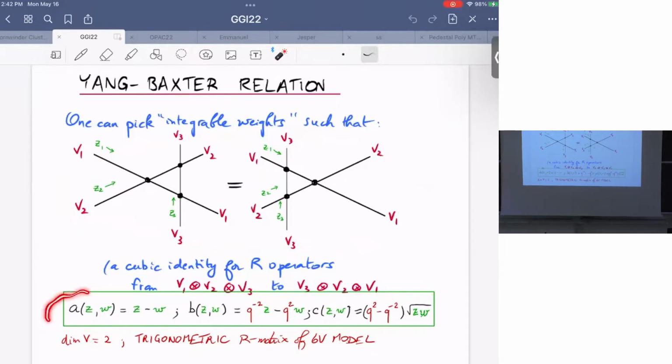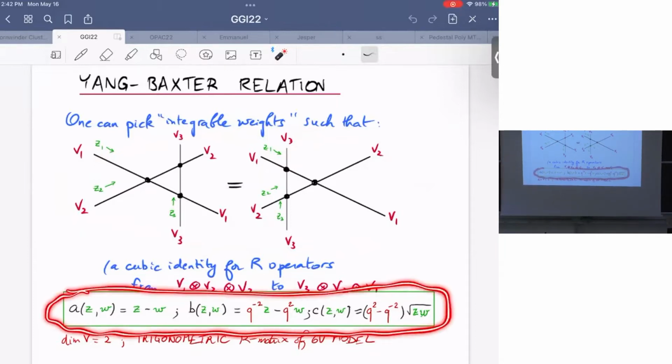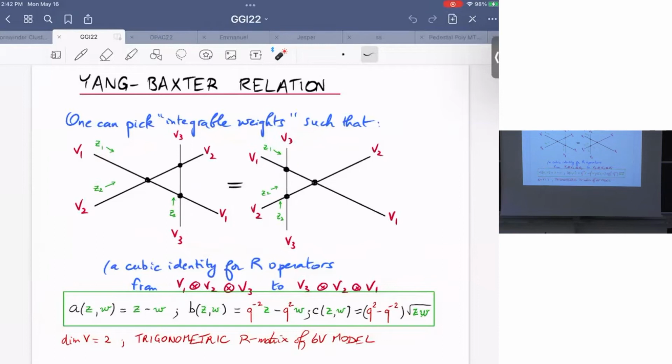Now, here is the solution for the entries of this R matrix. So basically, it tells you what the weights are in terms of parameters which are carried by each line, which are spectral parameters. And you have these three numbers, A, B, and C, functions of Z and W. And there's a parameter Q, which is a quantum parameter that you can attach to each of those models. So you have a 6 vertex model with quantum parameter Q and spectral parameters Z and W. Now, if you're on a square grid, you can choose any spectral parameters you like horizontally and vertically.